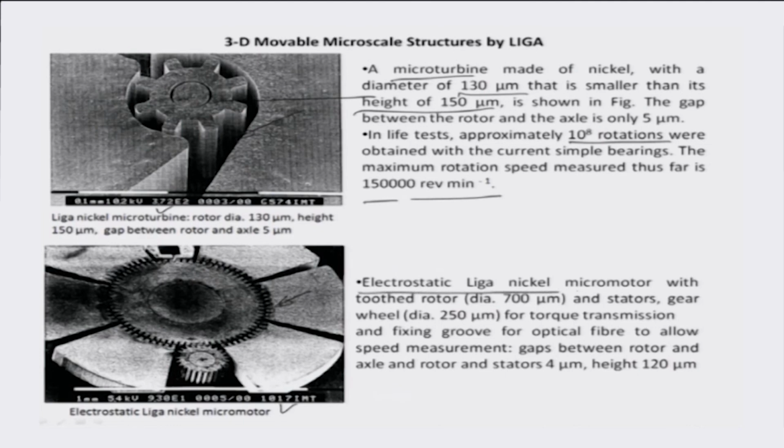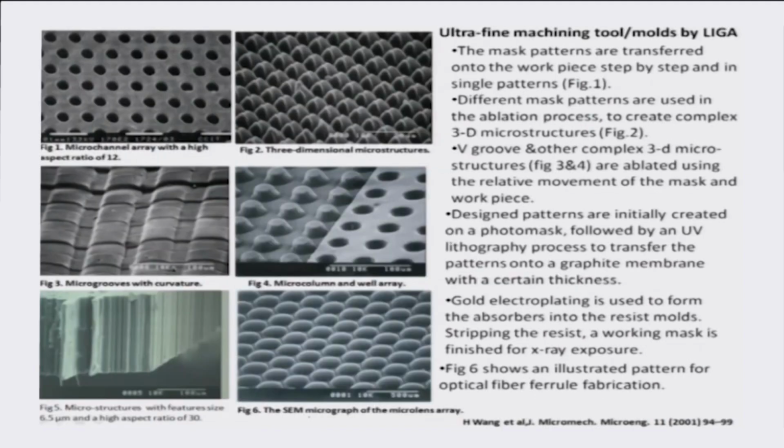With electrostatic LIGA, people have reported this micro motor which is made with a toothed rotor of diameter 700 microns, and stators, this is the stator part, okay, with a wheel diameter of approximately 250 microns for torque transmission, and you can actually get the power of this motor through this small pinion wheel, and this can rotate at a very high RPM, and the scale is only a few microns. So you can imagine the kind of power RPM ratios that can be obtained at this particular scale.